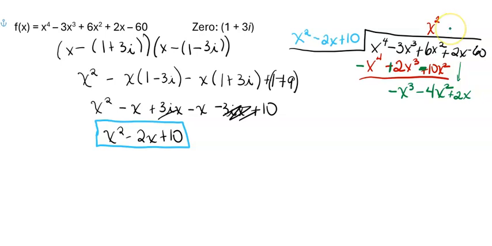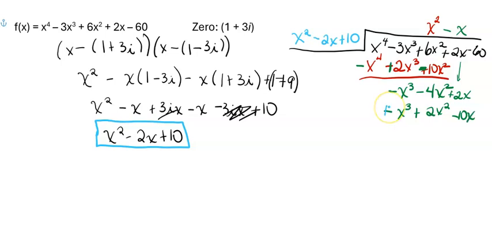I do that by multiplying it by negative x, and I put that over the x term. Negative x times x squared gives me negative x to the third. Negative x times negative 2x gives me positive 2x squared. And negative x times 10 gives me negative 10x.